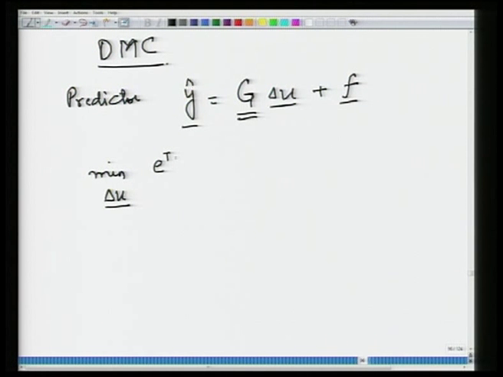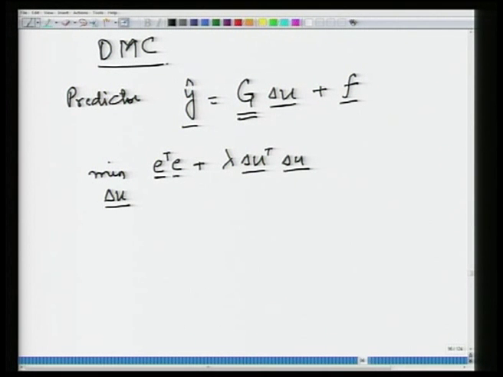E transpose E plus, where these are vectors, lambda times delta u transpose times delta u, which corresponds to close set point tracking plus lambda times control effort. Okay.